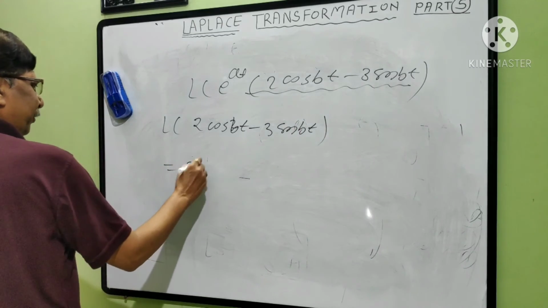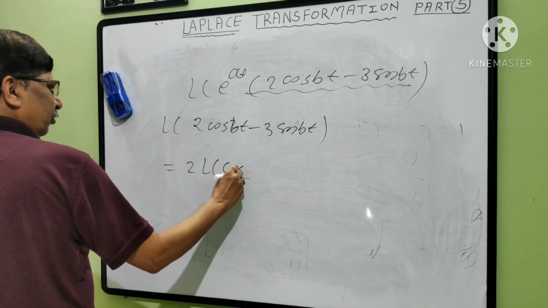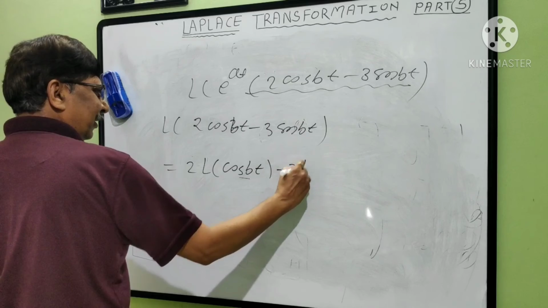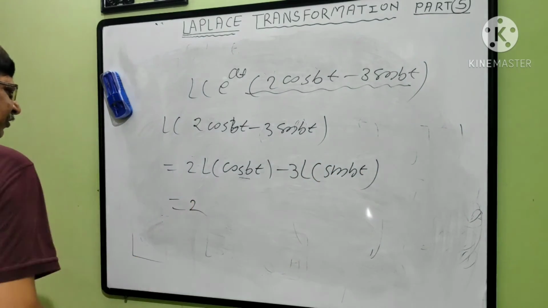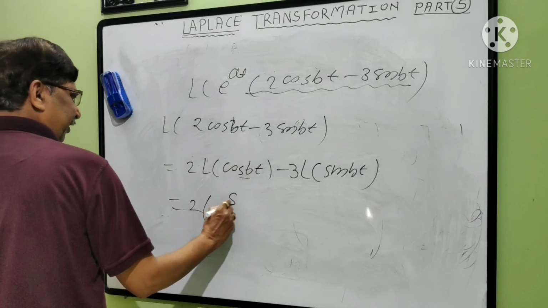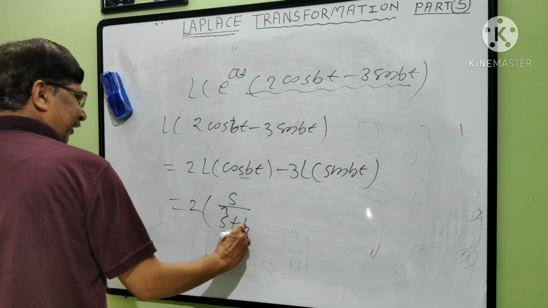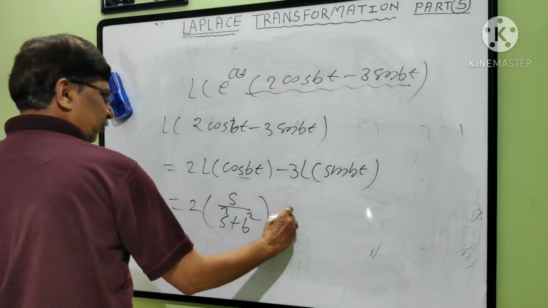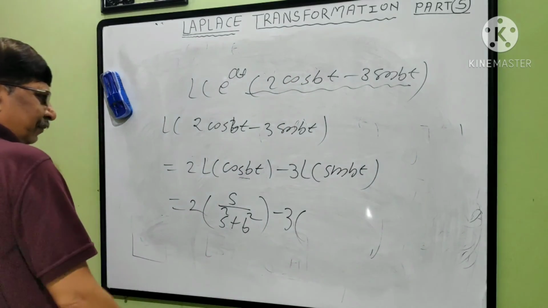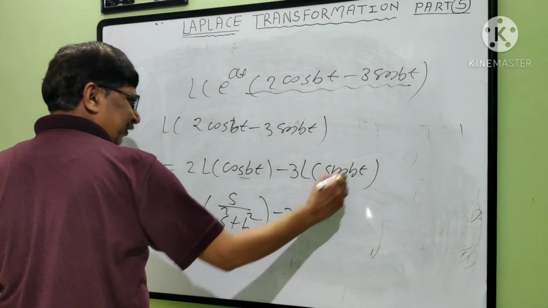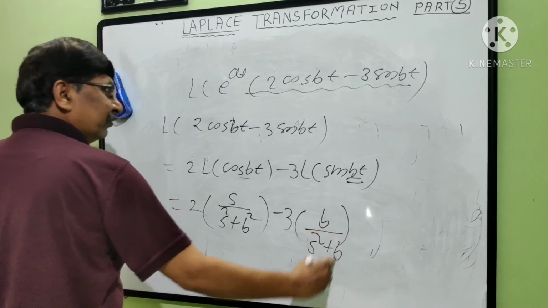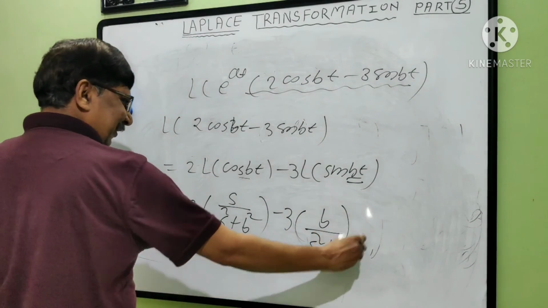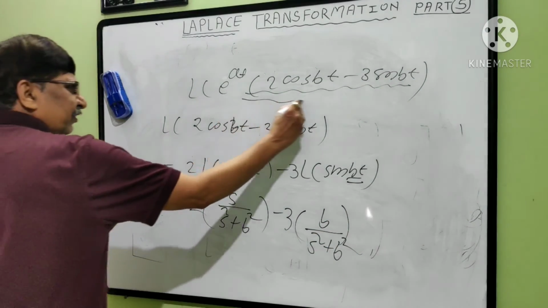Separate it using the linear property: 2 into the Laplace transformation of cos bt, that is s upon s square plus b square, minus 3 into the Laplace transformation of sin bt, that is b upon s square plus b square. This is the Laplace transformation of this much.